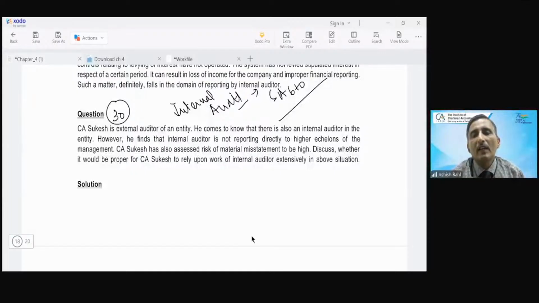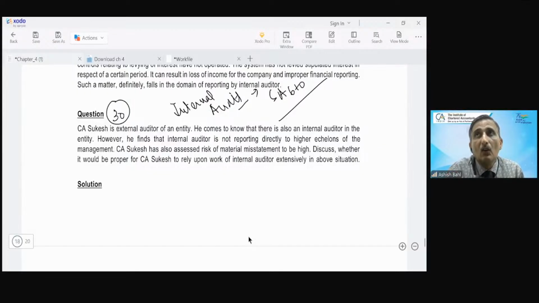So now we take this process forward. How are you going to write it in the exams? You have to give the reasons. You have to write 3, 4, 5 lines. So obviously you would write that when the risk of material misstatement is high and the internal auditor is not reporting to the higher echelons of the management, it casts a doubt on his independence.